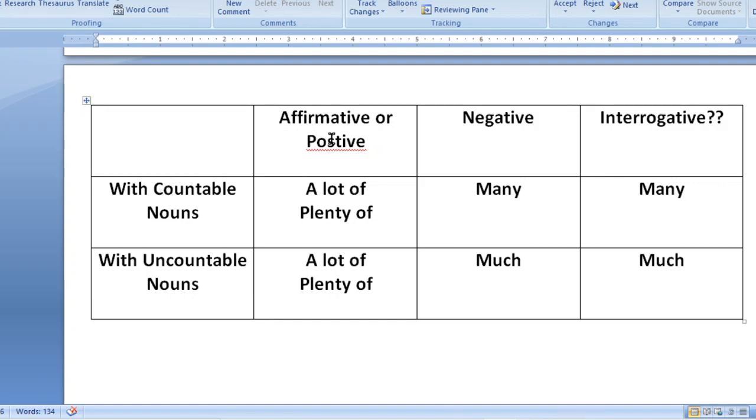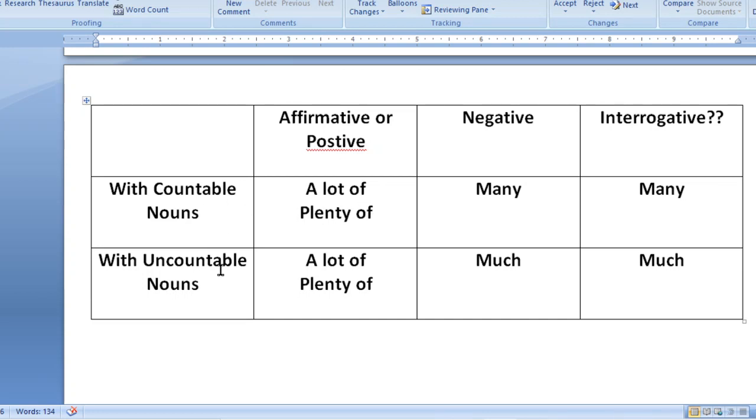Affirmative പറഞ്ഞാൽ positive sentence. ഉണ്ട് അങ്ങനത്തെ sentences. Negative പറഞ്ഞാൽ ഇല്ല എന്നുള്ള sentence. Isn't, aren't. And interrogative പറഞ്ഞാൽ question. You're asking a question. അതുകൊണ്ടാണ് ടീച്ചർ question mark ഇട്ടത്. Positive countable ആണെങ്കിൽ a lot of, plenty of.